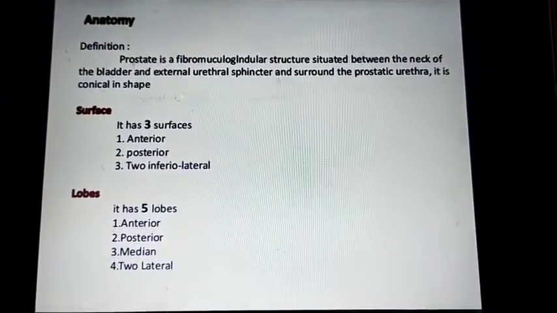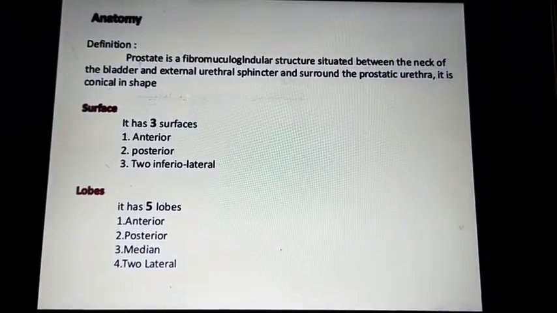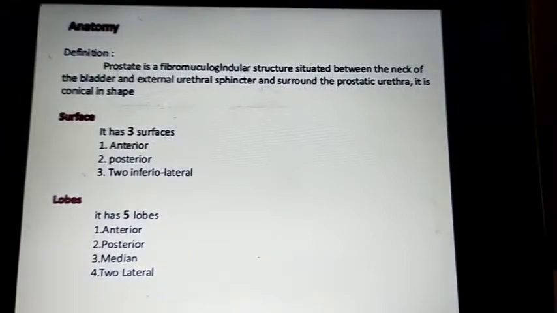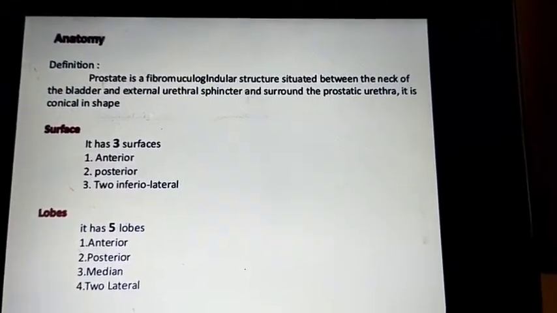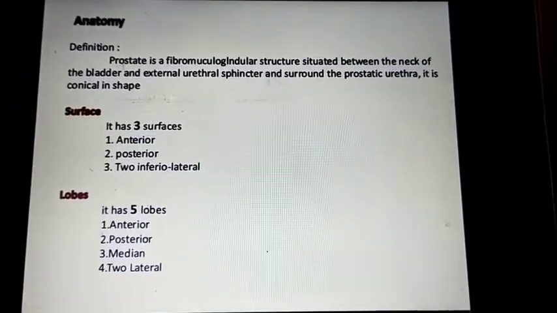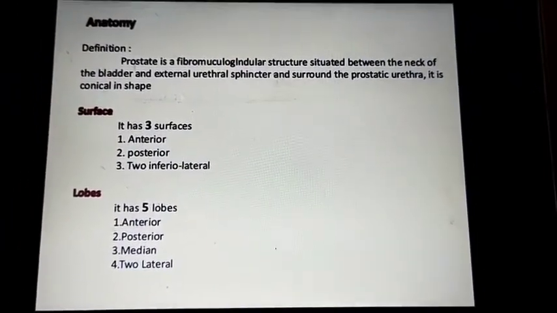It has 5 lobes: anterior lobe, posterior lobe, 2 lateral lobes, and 1 median lobe. We can also go for the zonal anatomy: peripheral zone, central zone, and so on.